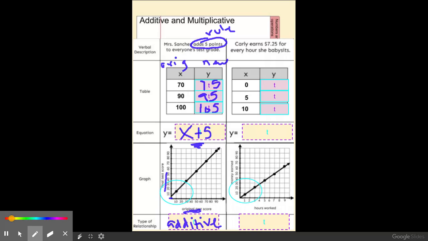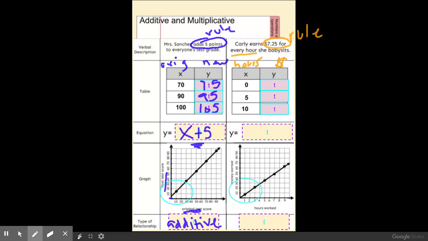All right, if we look at the next one, it says Carly earns $7.25 for every hour she babysits. So this $7.25 for every hour, this is our rule. Wherever the number is, that's our rule. Our x is going to represent our hours, and our y is going to represent the money that we make.